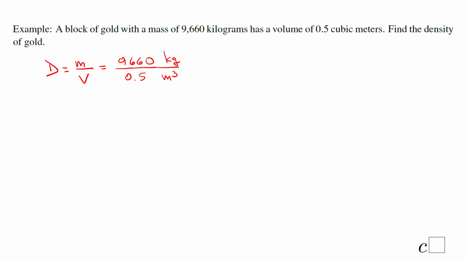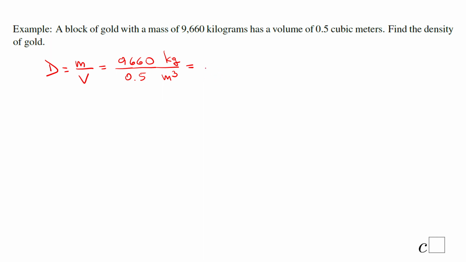It means the same thing. So let's grab a calculator. In case you can, 9,660 divided by 0.5. That is a math that you can do without a calculator, obviously. Multiply by 2, 9,660.